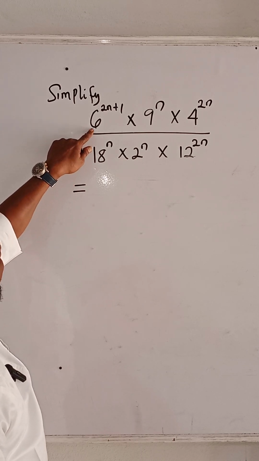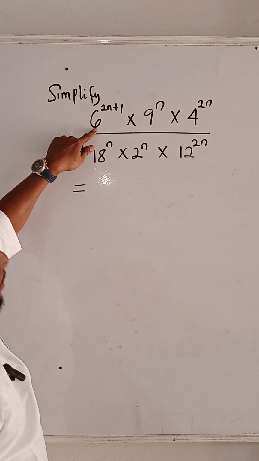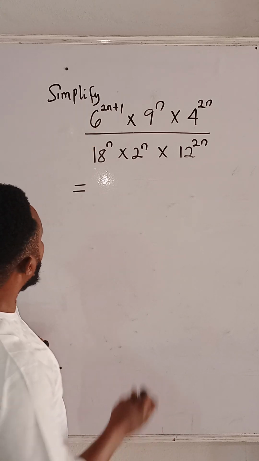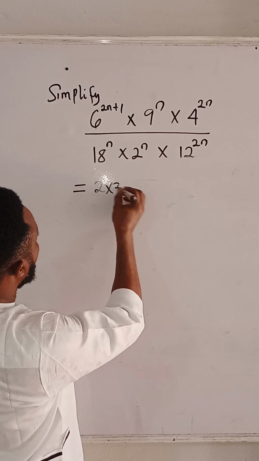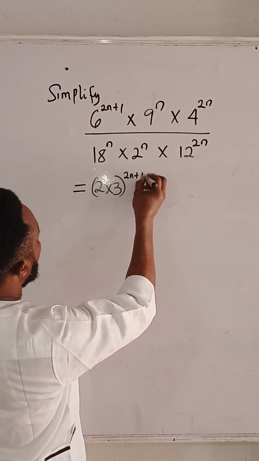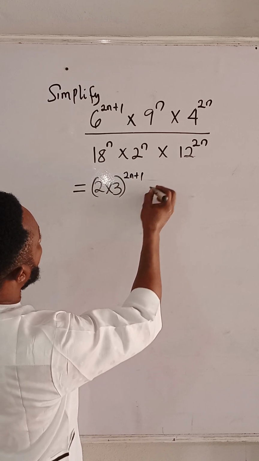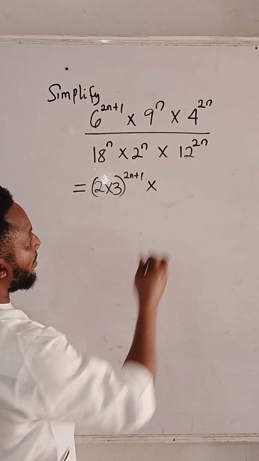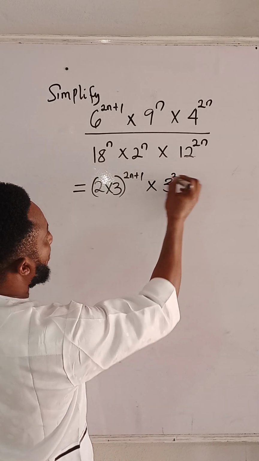Now, 6. If you express 6 as a product of its prime factors, that will be 2 times 3. Then if you express 9 in its lowest base, that will be 3 squared.